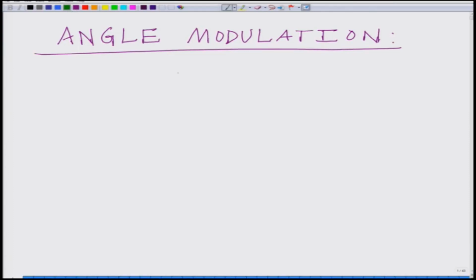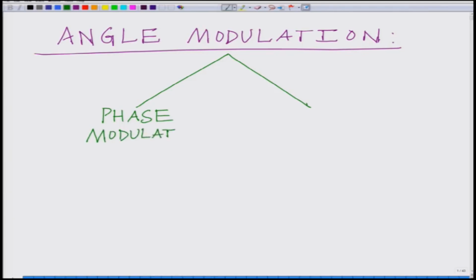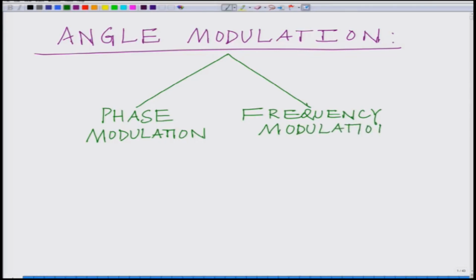Angle modulation can belong to two types: it can either be phase modulation or frequency modulation, and we will start looking at both these different kinds of modulation.